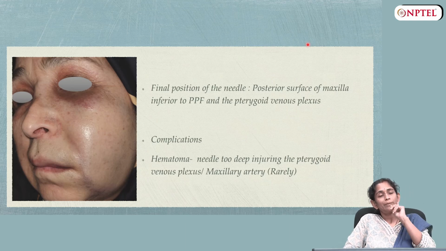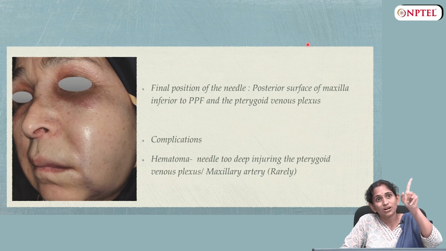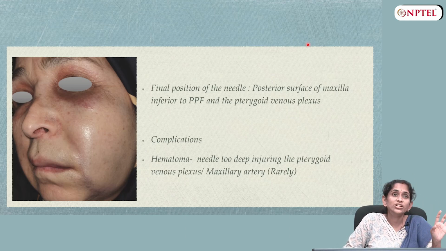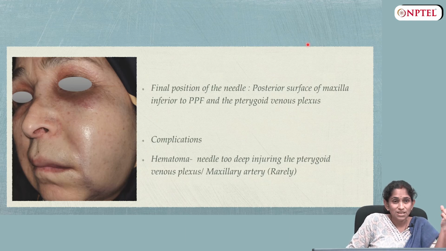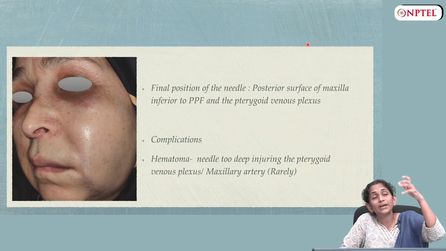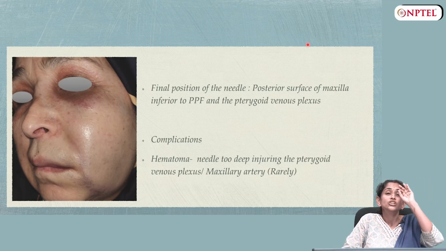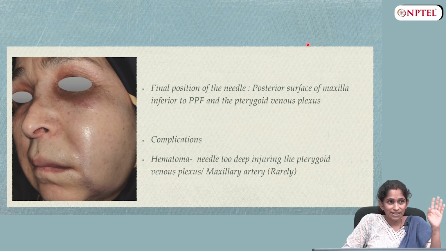We are going to apply pressure in the region of the maxillary tuberosity, directing the pressure upwards. However, most of the time it is going to come down by itself because the veins tend to collapse, unless you have gone too deep into the pterygopalatine fissure to injure the maxillary artery. Otherwise, it is going to subside by itself.